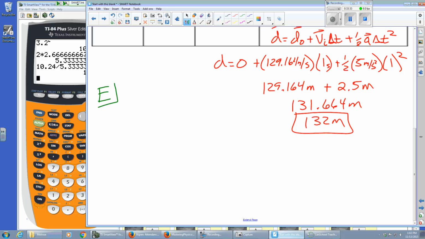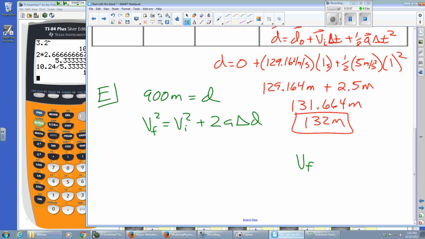So we're looking at the 900 meter point, and I'm going to use V final squared equals V initial squared plus 2A delta D. And what I want to end up finding here is V final over my complete speed, which is 134.164 meters per second.